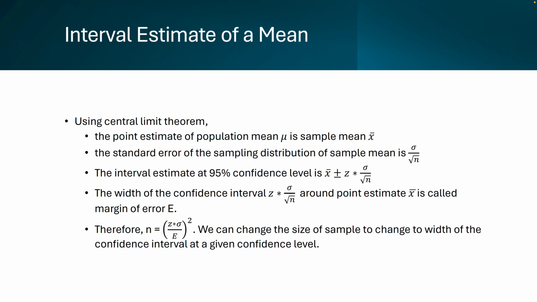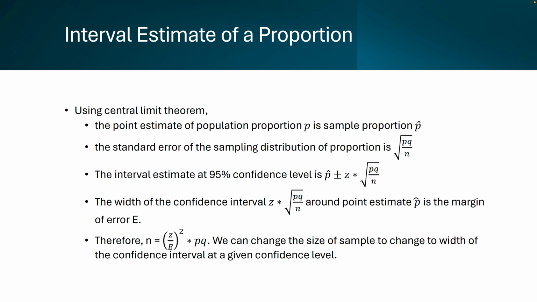Similarly, we can apply it to the proportion also. The point estimate of population proportion is sample proportion p hat. The standard error of the sampling distribution of proportion is root of pq by n. So the interval estimate at 95%, or for a given percentage of confidence level, is p hat plus minus z times root of pq by n.